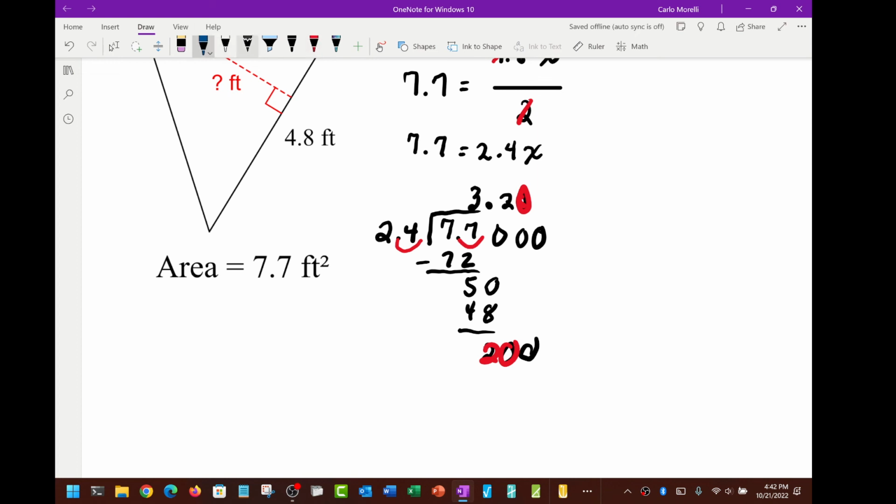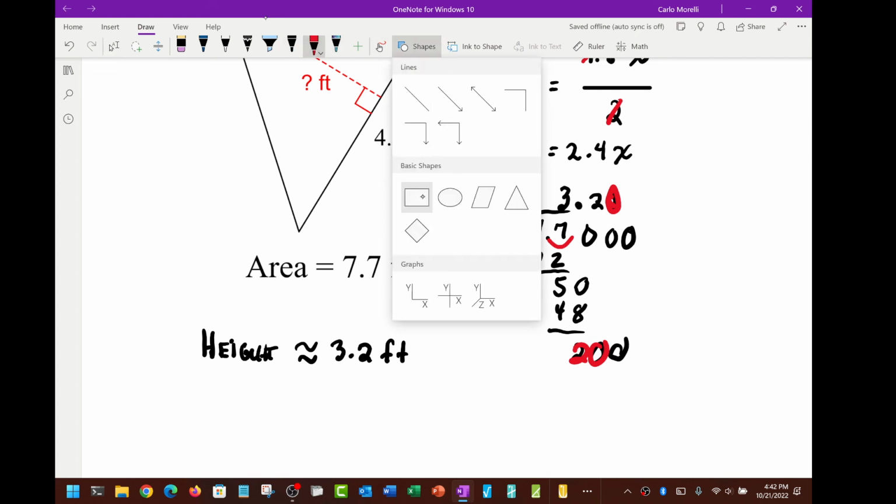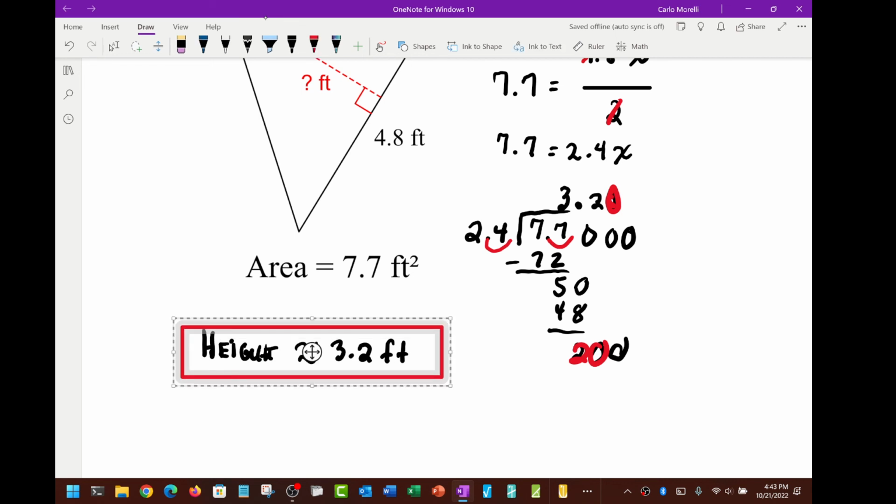So what we'll write is the height is approximately equal to 3.2 feet. And we will put that in a red box. Like so.